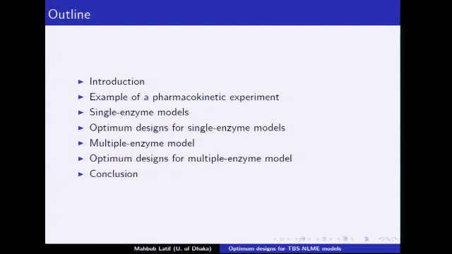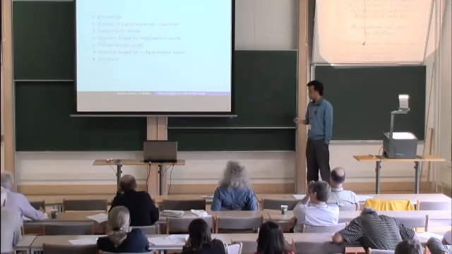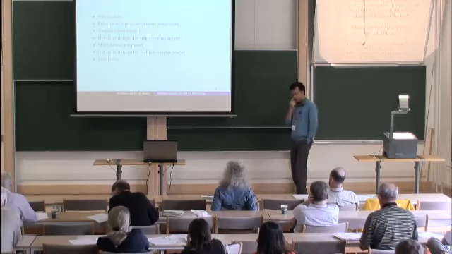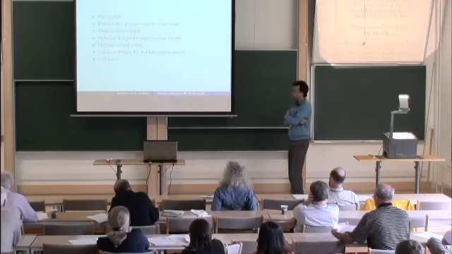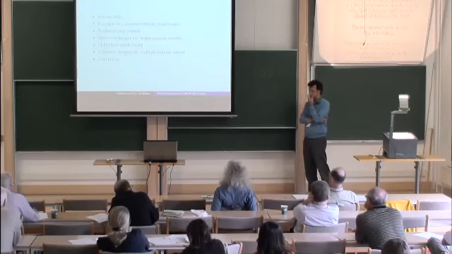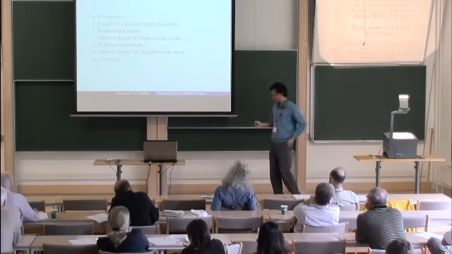I just want to mention in which stage these experiments are conducted, and then I will give a description of similar real experiments, and then I will talk about two models I have used. One is a single enzyme model, another is multiple enzyme models, and then I will talk about design issues related to these two models, and I will finish with a conclusion.